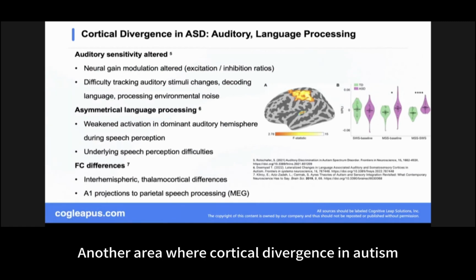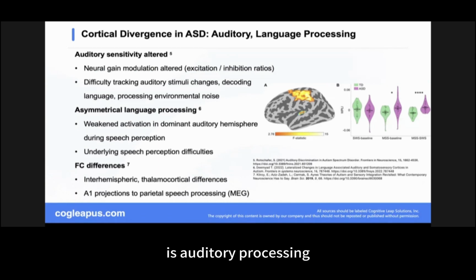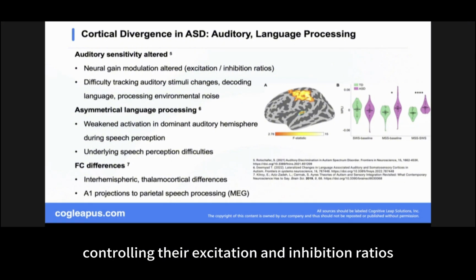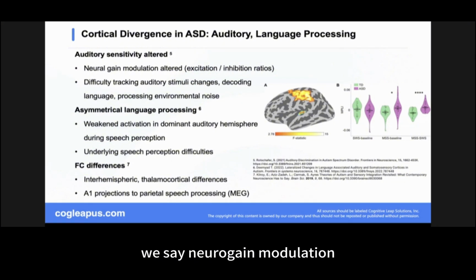Another area where cortical divergence in autism is seen is auditory processing, which then affects language processing. So we see that auditory sensitivity is altered. The way that neurons are controlling their excitation and inhibition ratios, we call neural gain modulation, that is seen atypical in autistic children.